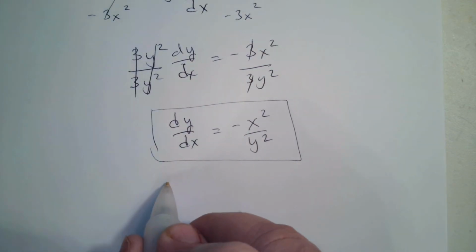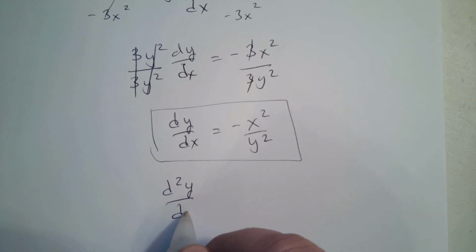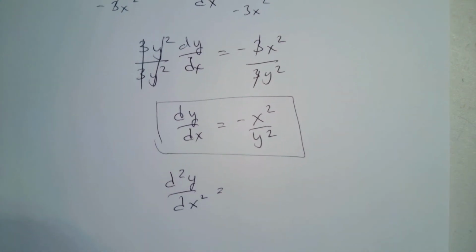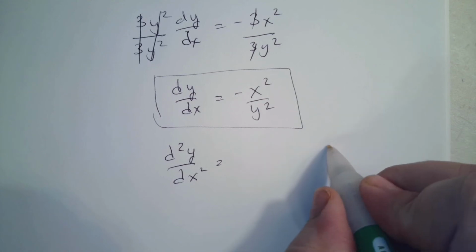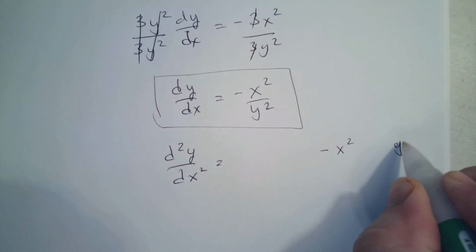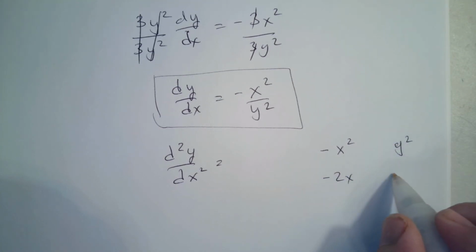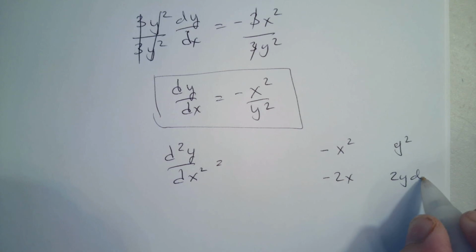So the second derivative. This is a rational equation. So f is that, g is that. Derivative of that is negative 2x, 2y dy dx.